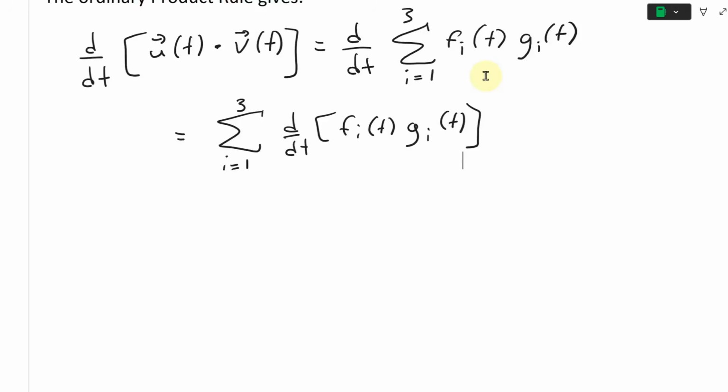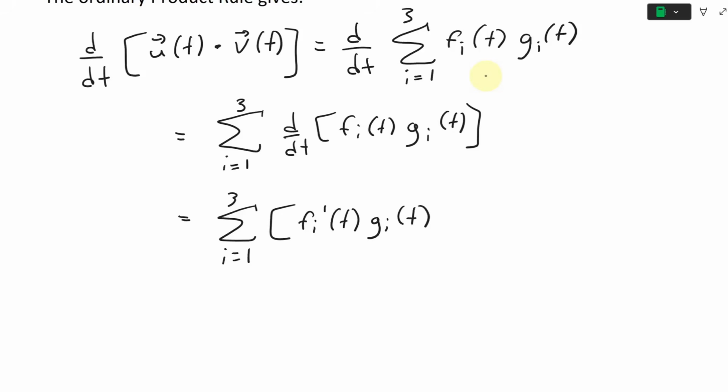In other words, we get a summation of the product rule of derivatives: the summation from i equals 1 to 3 of fi prime of t times gi of t, plus fi of t times gi prime of t.